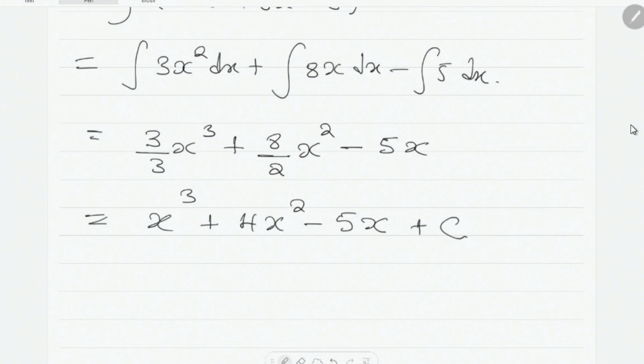So we assume that in order to remain with the function we had, there was a constant somewhere which was differentiated and we got a 0. That's why we indicate that there was a constant by using a variable c, or you can use k. So the answer for part A of our question is x cubed plus 4x squared minus 5x plus c. That is the answer for question number 16, part A.